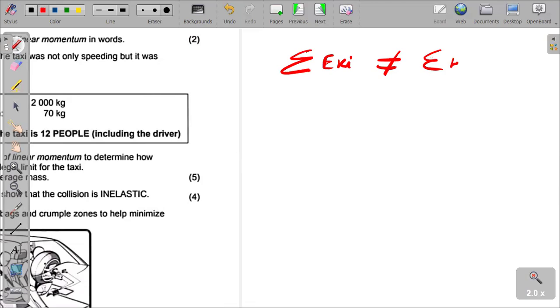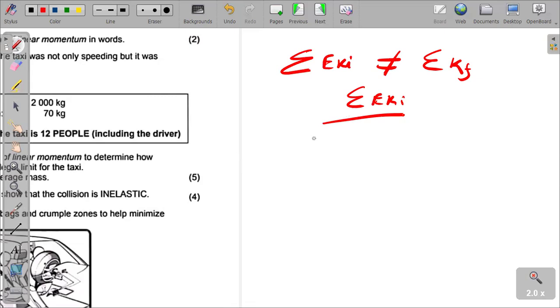As a matter of fact, sigma of EKI must actually be greater than sigma of EKF, right? So with that, let us first calculate sigma of EKI, the sum of the kinetic energy before.